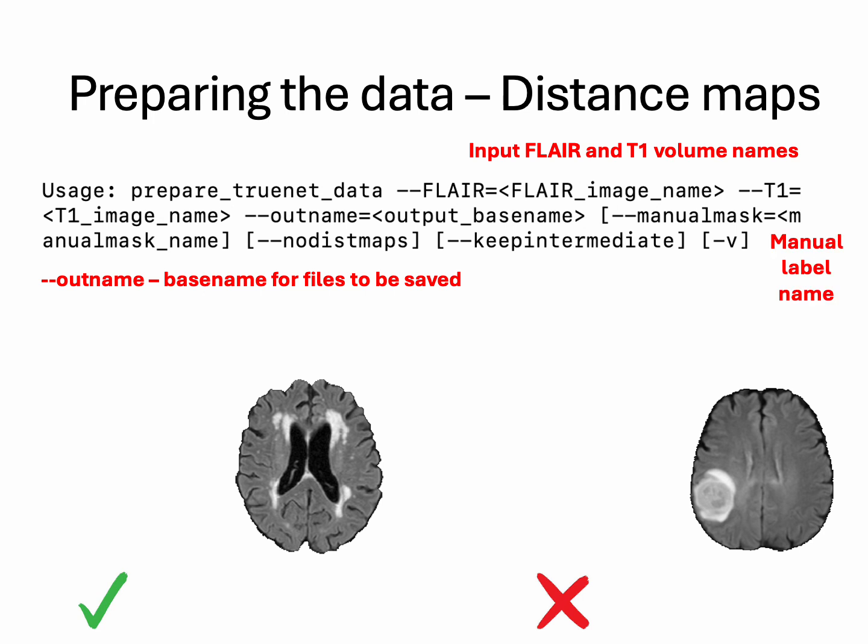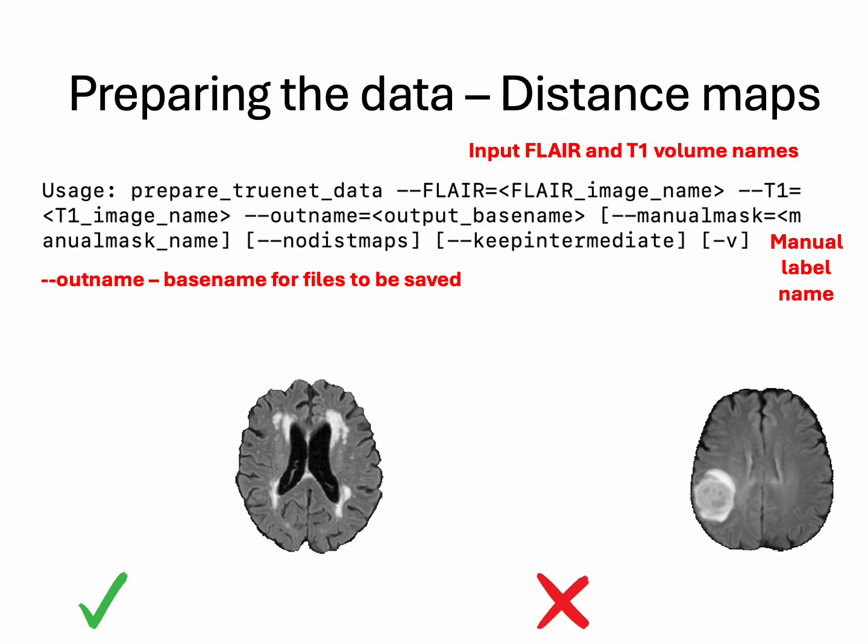And then the manual mask. There is no pre-processing done on the manual mask per se, but the name of the file is renamed as per the file conventions required to run the TrUE-Net model.